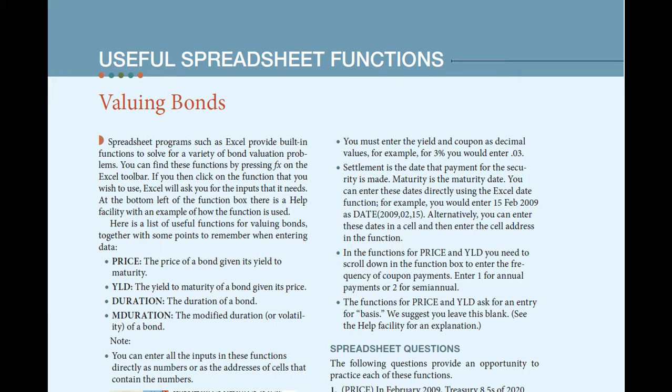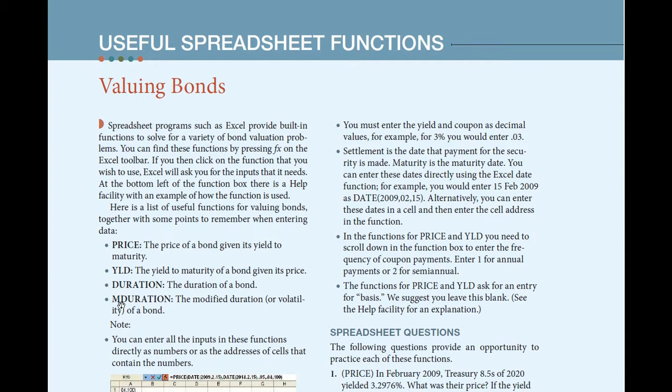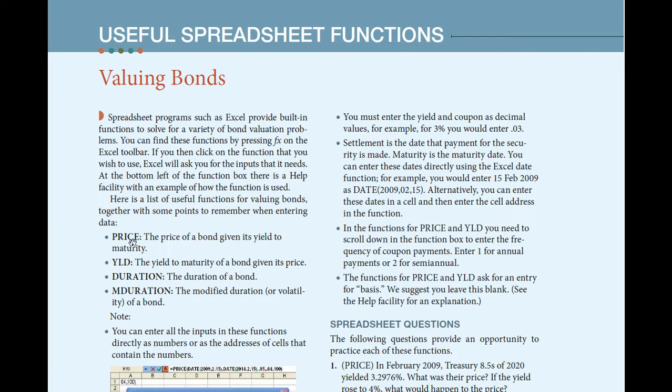Let's come to the Excel practice. So the spreadsheet in Excel is quite powerful when we are valuing bonds. Here is a quite useful function called price. It has the following parameters in this function.